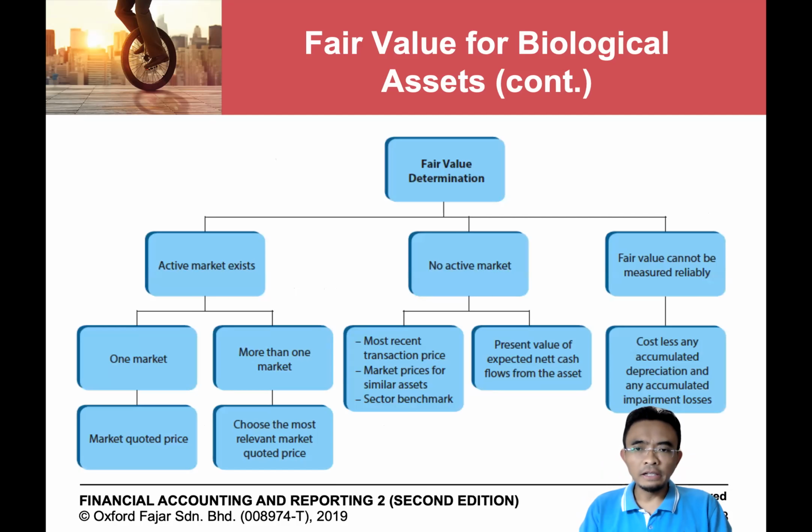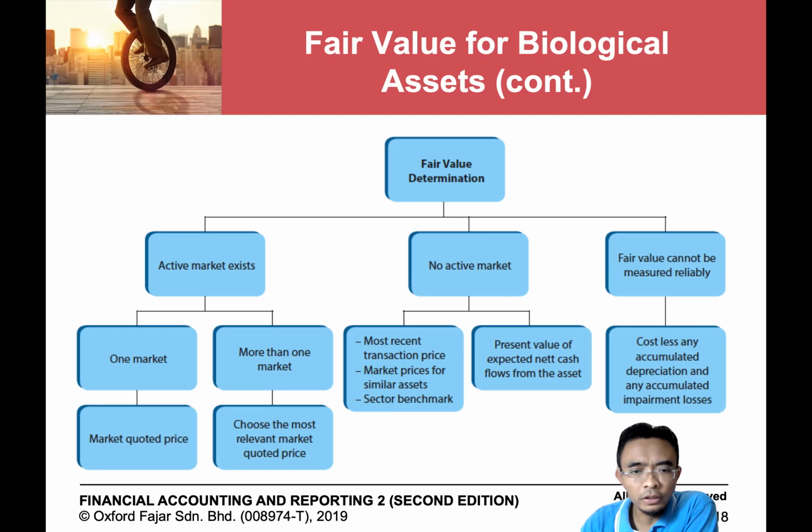So in terms of fair value determination for biological assets, these are the methods we can use to find the fair value. If there is an active market, we have to look at the market price. If there is only one market, we look at the market quoted price.